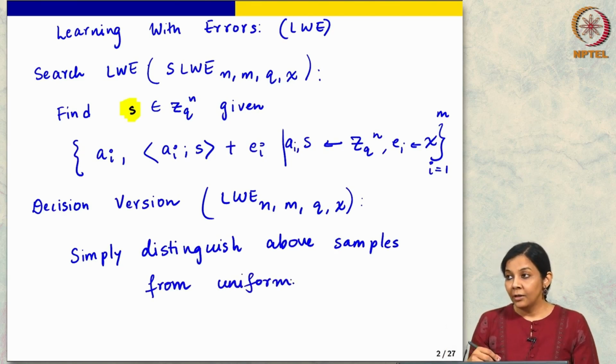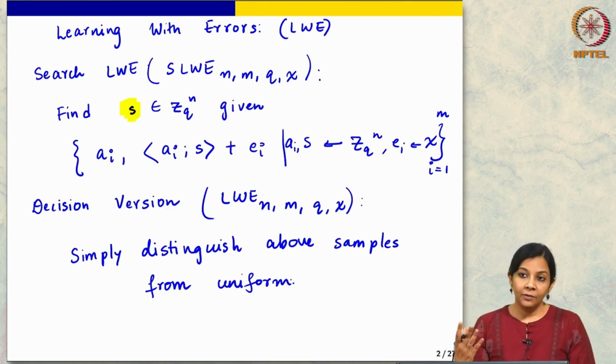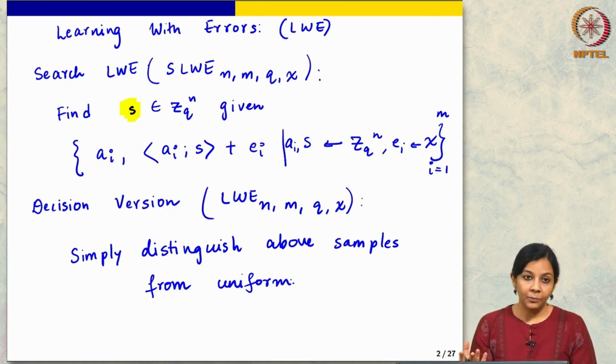Alright. So, obviously the decision version seems like a stronger assumption, because even if I can solve the search version, then I can certainly solve the decision version. Right? If I can search and recover the secret vector S, then certainly I know that this is not the uniform distribution.